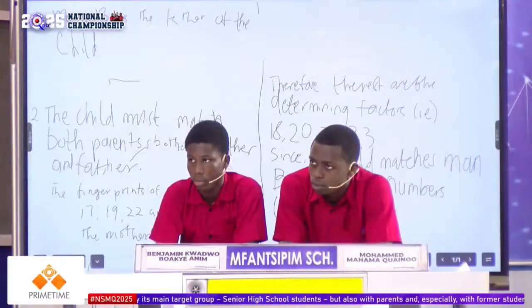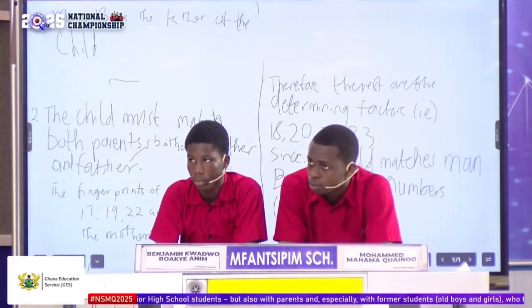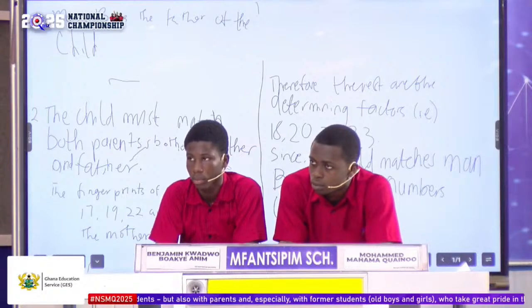Man B, again, you listed the numbers, 10, 12, 13, and 14, and then 18, 20, 21, and 23. You get the 2 points. You were to mention explicitly that there were no bars that were matching man A. I didn't see that. Okay?